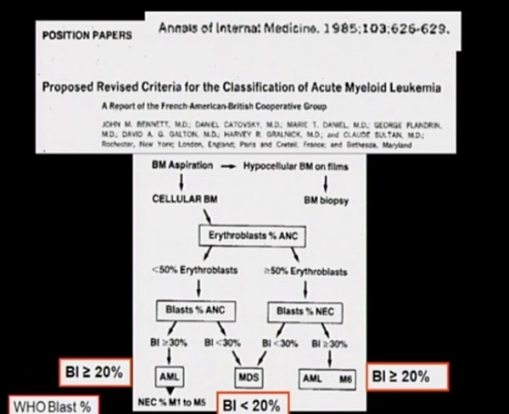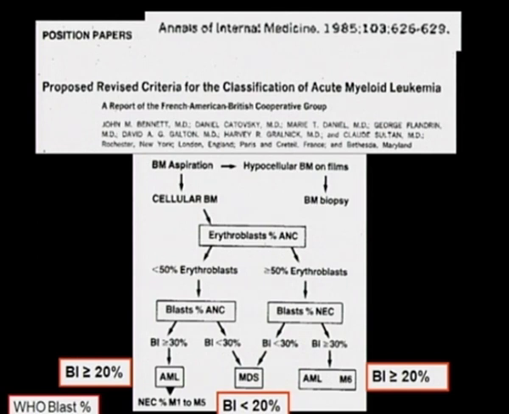If this number is less than 20%, we are in the context of MDS. If it's more than 20%, we are in the context of acute myeloid leukemia.